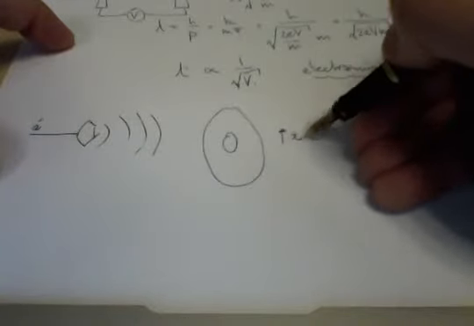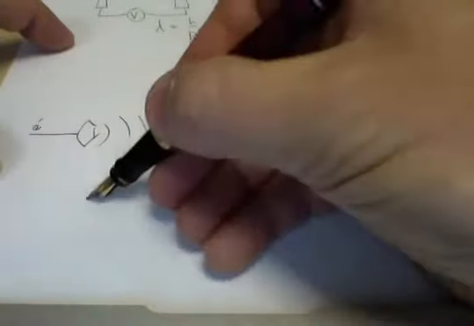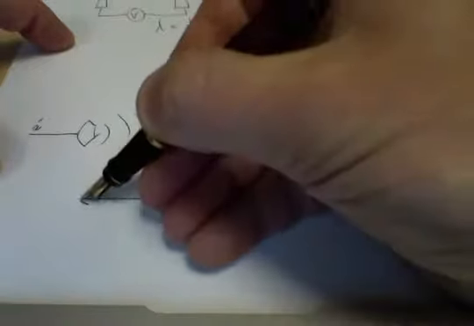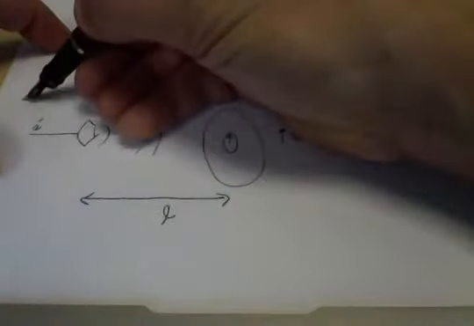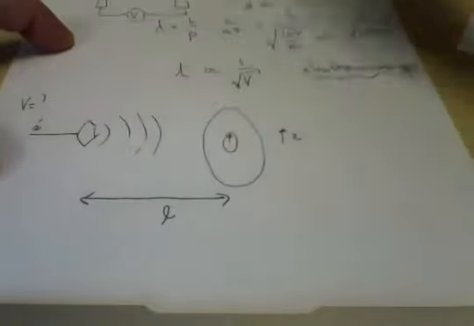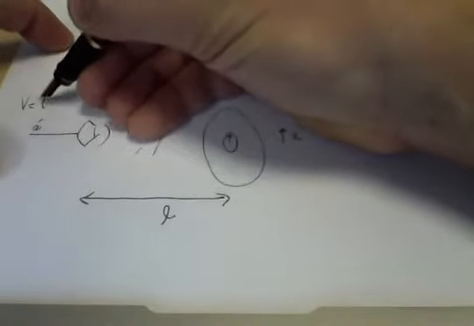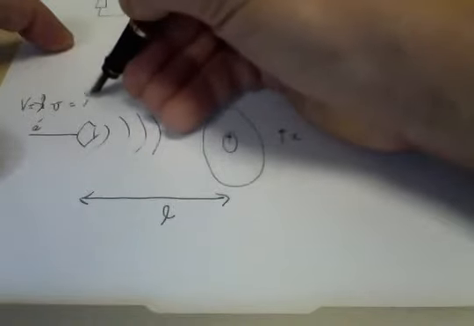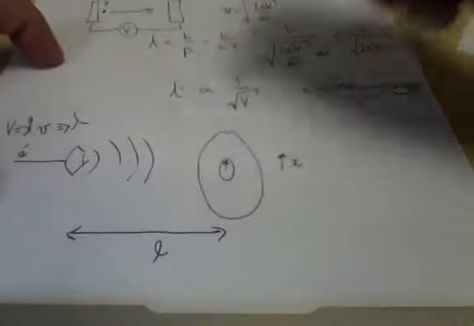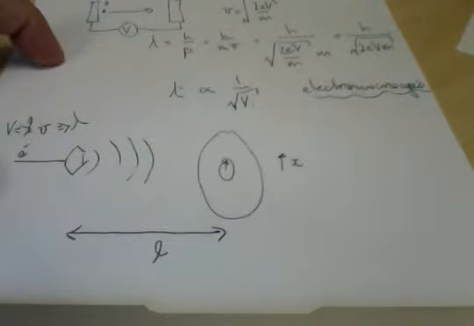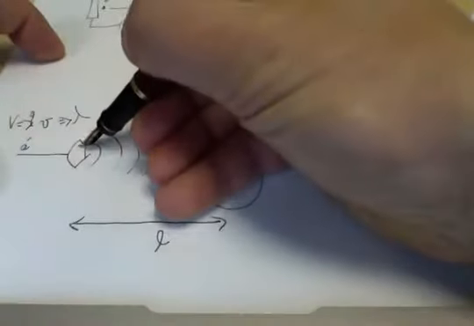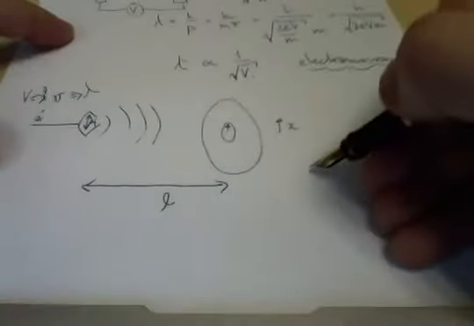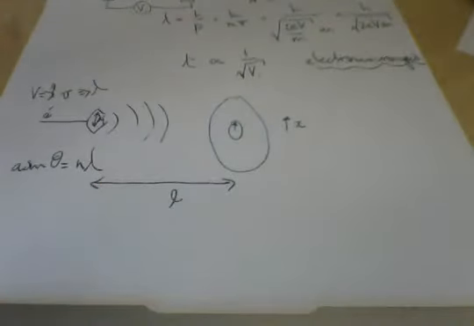If I were to measure this displacement x, the length given there, and if I were to know the voltage provided to my electrons, that would give me a velocity of the electrons, and therefore a wavelength. Then I could work out, hopefully, the aperture, because I know that a sine theta gives me n lambda.